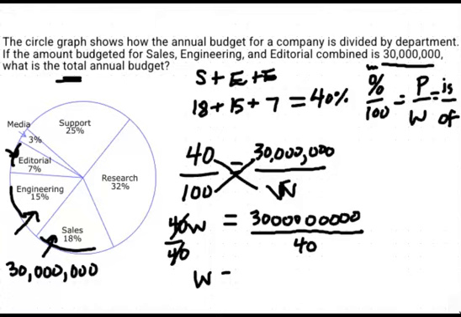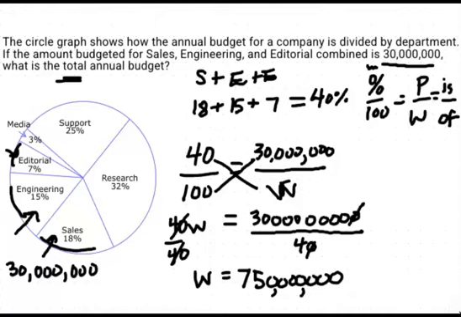So let's solve for W. These zeros are going to cancel, and we have 7, 5, then 1, 2, 3, 4, 5, 6, 7 zeros. So let's go 1, 2, 3, there's my thousands, 1, 2, 3, there's my millions.